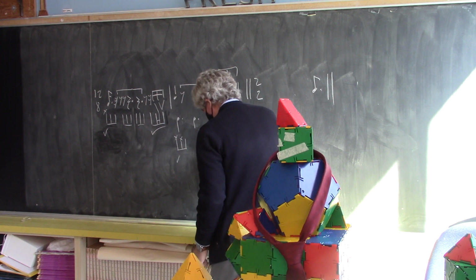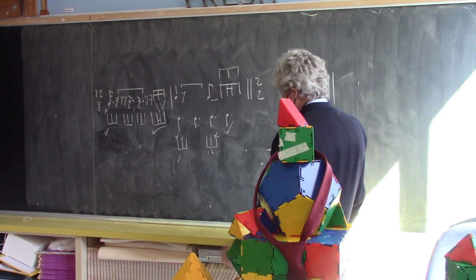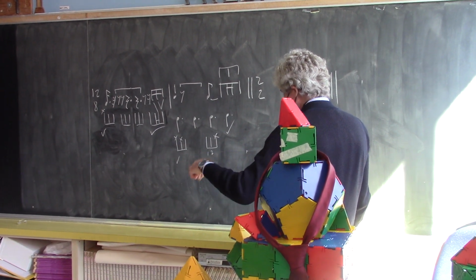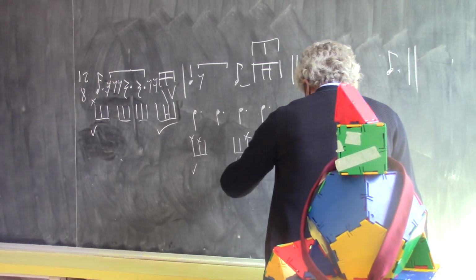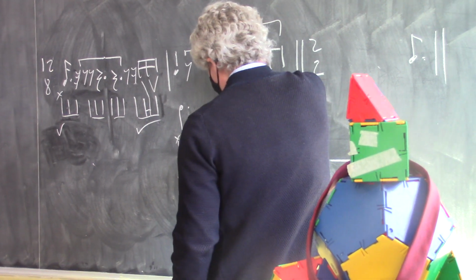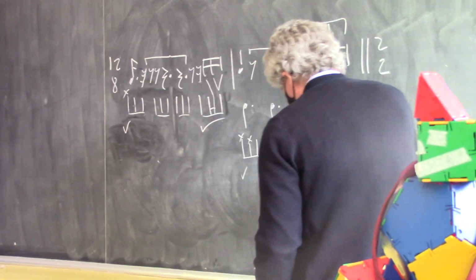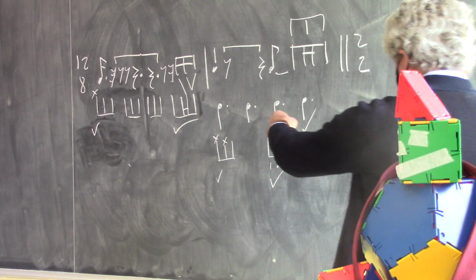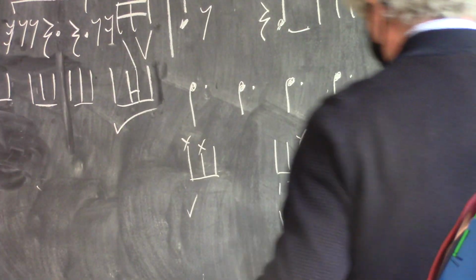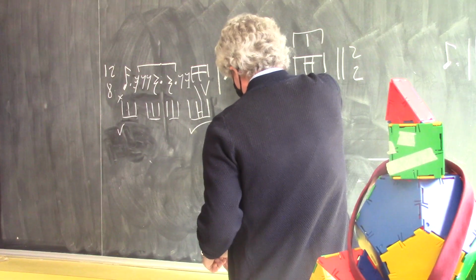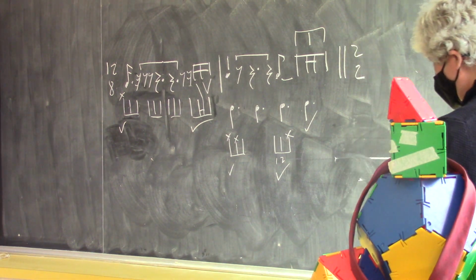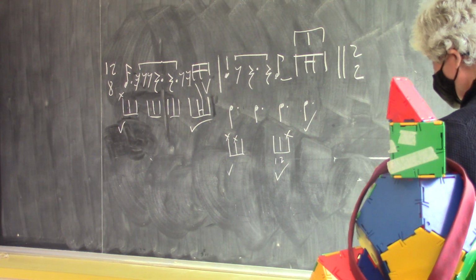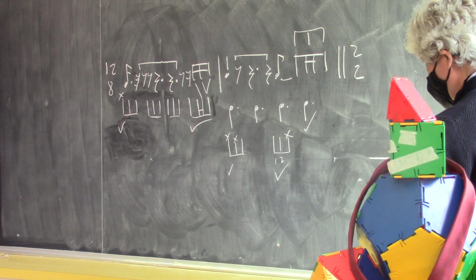So I need pulse 1 and 2. So the rule says pulse 1 and 2, 1 rest. 2 eighths equal 1 quarter. That's that one. And then beats 2, 1 beat, 1 rest. And there I can see everything that I need to see, the middle of the line.